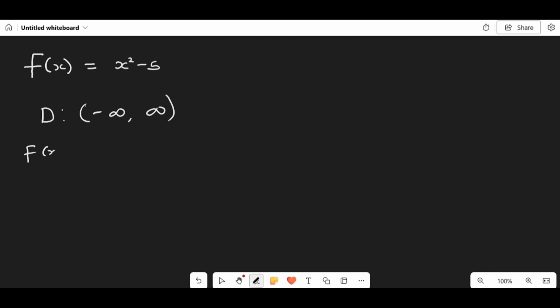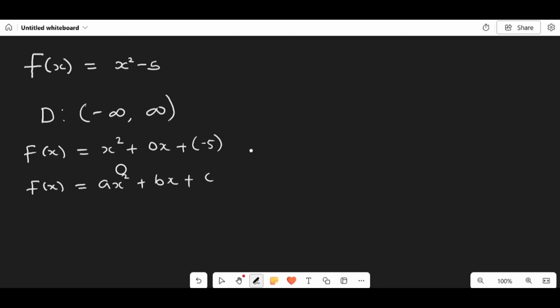f(x) equal to x squared plus 0x plus negative 5. Now, the standard form of a quadratic equation can also be written as follows. f(x) equal to ax squared plus bx plus c.